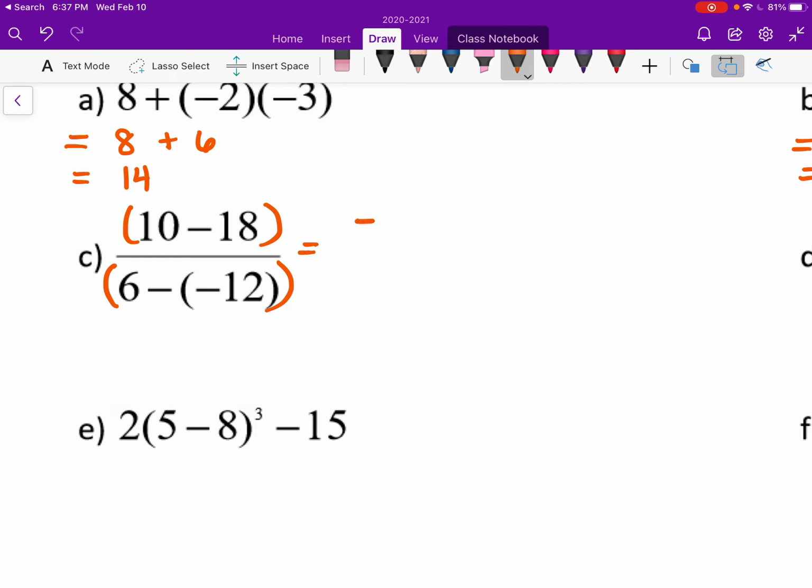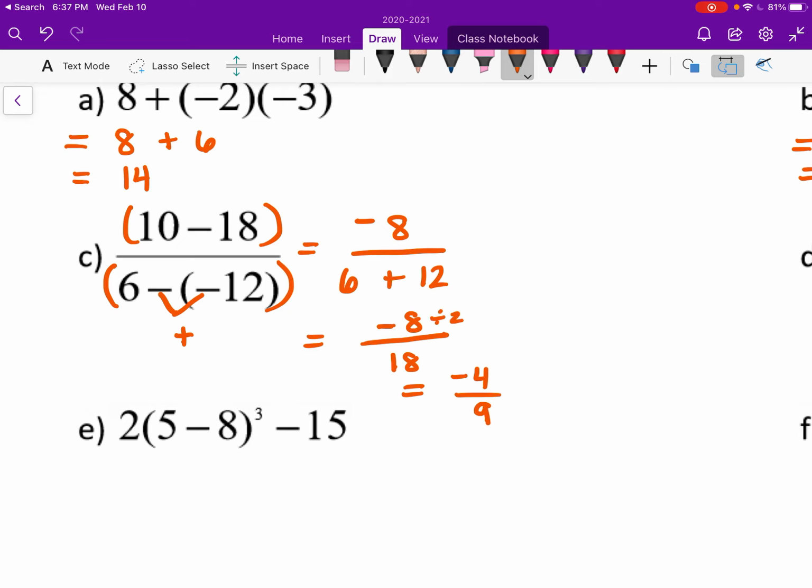That's going to be negative 8 divided by the 6 minus negative 12. This is a minus and a minus, so it turns into a positive. So we have 6 plus 12. Negative 8 just stays as negative 8. 6 plus 12 gives me 18. And then I can reduce that even further. I can divide both by 2 to give me negative 4 over 9.